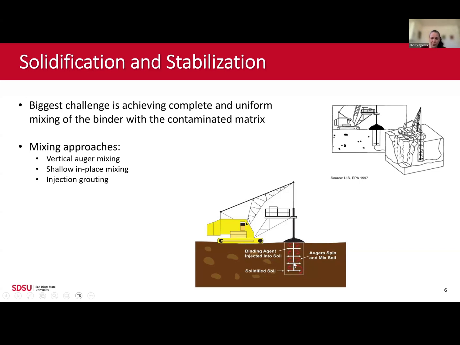This drills in and it has this auger that will release binding agents into the soil, and then the augers will spin and mix it until that's all hopefully very well mixed, and then they can pull that out and the soil will solidify or the contaminant will solidify in place.